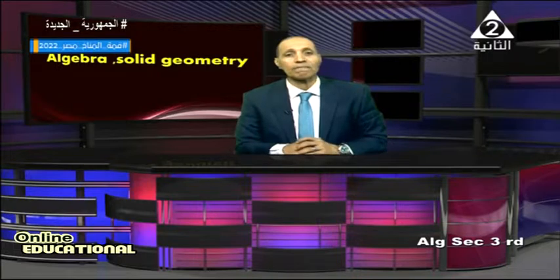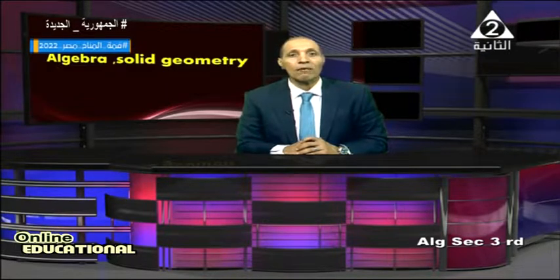And we know that to find the distance between two points in space, if we have point A (x1, y1, z1) and point B (x2, y2, z2), AB equals the square root of (x2 minus x1) to the power 2 plus (y2 minus y1) to the power 2 plus (z2 minus z1) to the power 2.